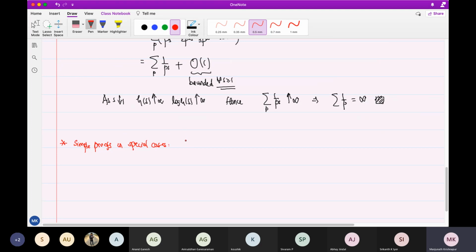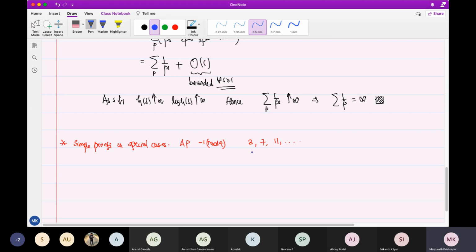For example, if you look at the arithmetic progression 3 mod 4, so minus 1 mod 4, which means 3, 7, 11, and so on. In Apostol's book, he gives a very simple proof for this. In some special cases it is possible, but in general not.